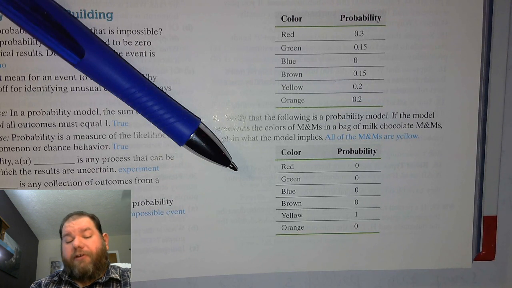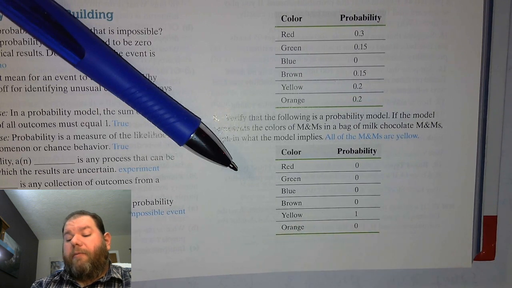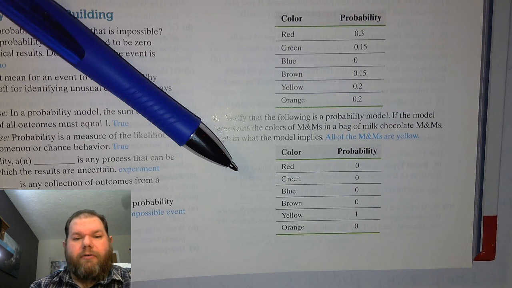What does this particular model imply? Well, it implies that every M&M in the bag that we found was yellow, which would be very unusual, well, almost impossible, actually, I would say. Unless it was like a special edition bag or something, or you just went to the M&M store.